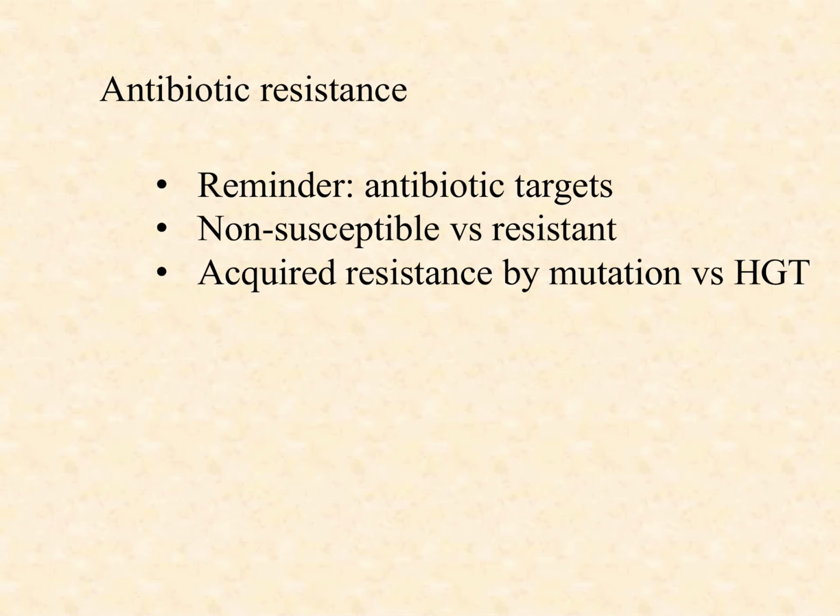So I'm going to remind you of those antibiotic targets briefly, and then I want to differentiate those strains of bacteria that are non-susceptible to an antibiotic versus those that are actively resistant, those that should otherwise be susceptible but have acquired some sort of resistance. And then we'll talk about how they can acquire that resistance, either by mutation or by horizontal gene transfer.